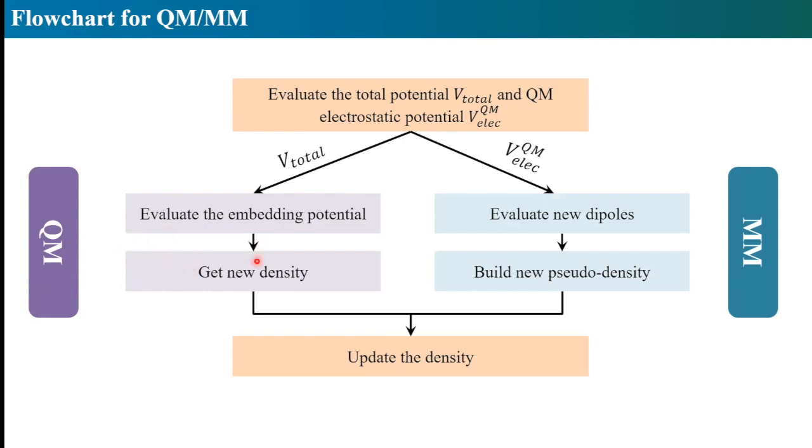On the MM side, it receives just the QM electrostatic potential and evaluates the new dipole, builds a new pseudo density, and we can update the global density, run another calculation, and repeat the process again. So it can be fully self-consistent, get the density, and we can look at the total density for the global cell, or we can just look at the density for the QM side.